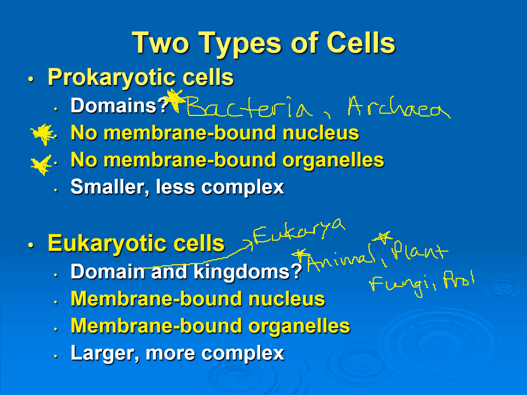They're also eukaryotes, but we're just not going to talk about them in this module. So we'll focus on the animal and plant cells instead. The eukaryotic cells are very different from the prokaryotic cells because they do have a membrane-bound nucleus and they do have membrane-bound organelles. So you will find things like mitochondria and chloroplasts in these eukaryotic cells.